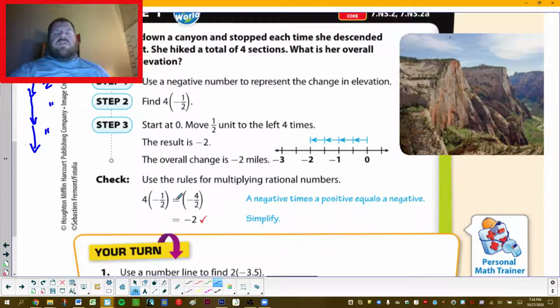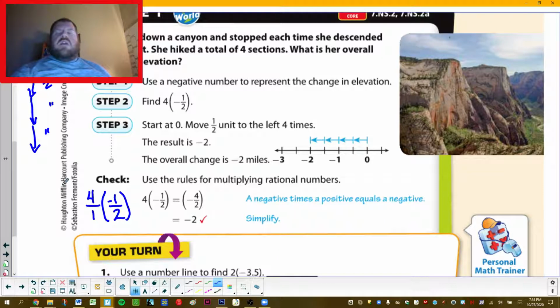Okay? So if I'm looking at this 4 times negative 1/2, what I'm actually looking at, which I wish they went a little bit further into detail about, is we look at it as 4 over 1 times negative 1 over 2. Again, I always like to have the negative as a part of the numerator, as opposed to looking at it as part of the fraction in general.